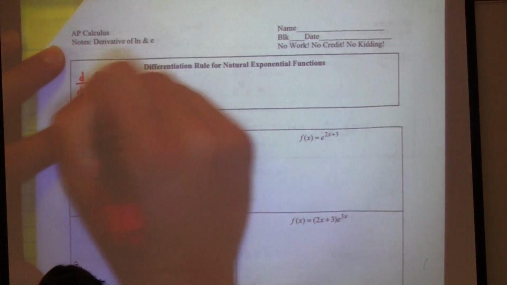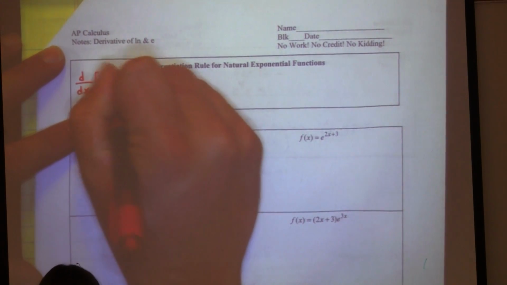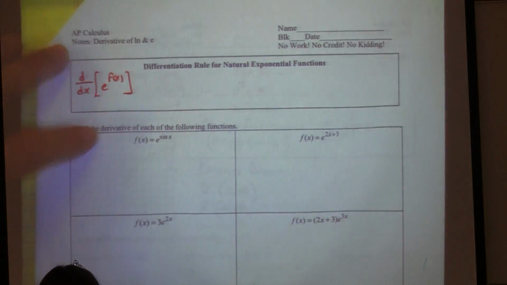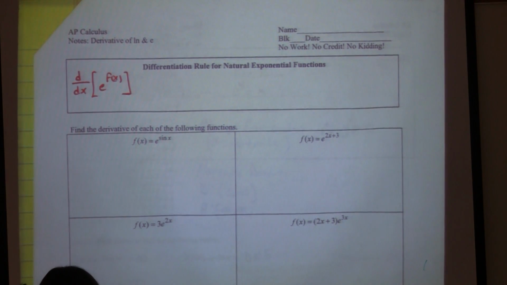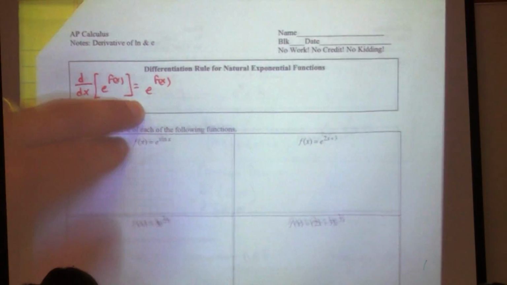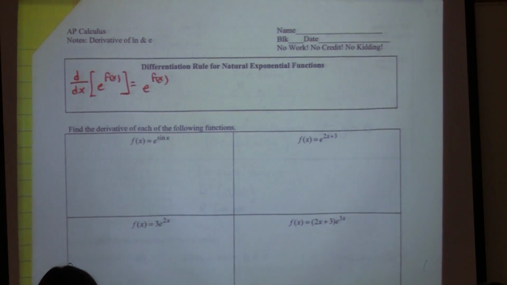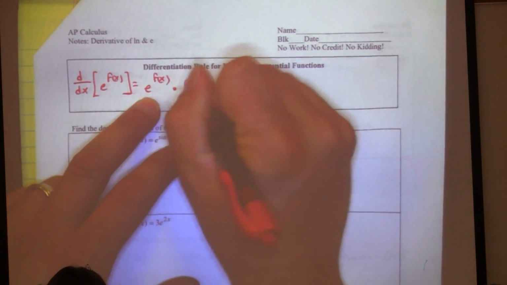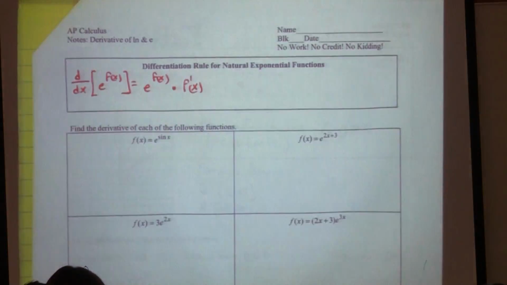I'm going to write it the way I did the log one. So the derivative of e to something, okay, is going to be e to the f of x. So you start off by just rewriting the problem. Oh, that's easy, right? Times the derivative of whatever the power was.